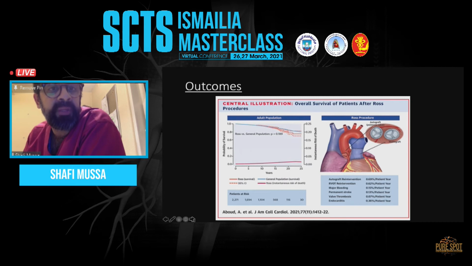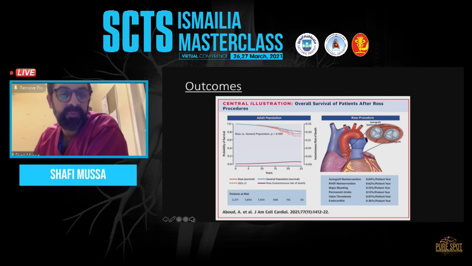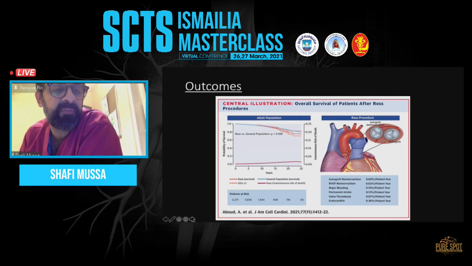So what about the latest outcomes after the Ross procedure? Well, if you look at the German Ross registry, they've recently published 25-year results in the Journal of the American College of Cardiology, and it shows that the survival in the patients who have had the Ross operation is really excellent compared to a general population.